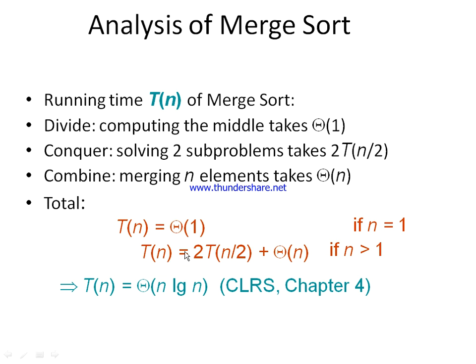If the list consists of more than one element, then T(n) equals 2T(n/2) plus theta of n. Theta of n is merging and 2T(n/2) is sorting. If n is greater than 1. So the overall time complexity is T(n) equal to theta of n log n. So dividing by 2 gives log n. Theta of n log n. So this is merge sort.